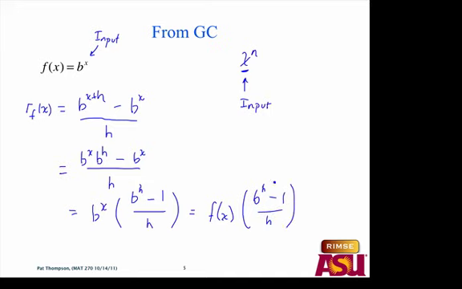As h gets very, very small, what will b to the h go to? 0 or 1? 1. So therefore, the whole numerator will approach 0, and the denominator will approach 0.